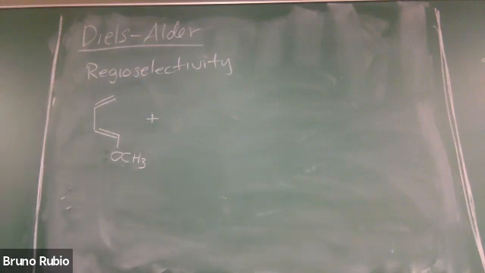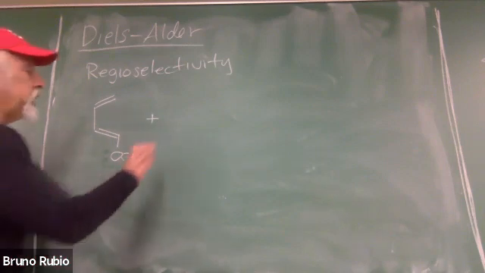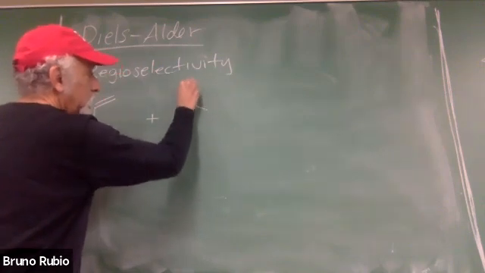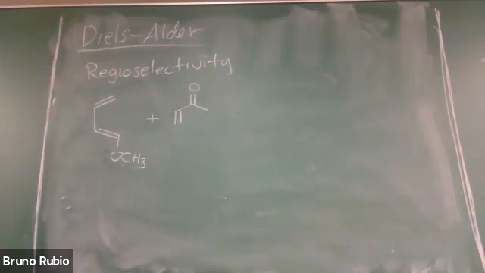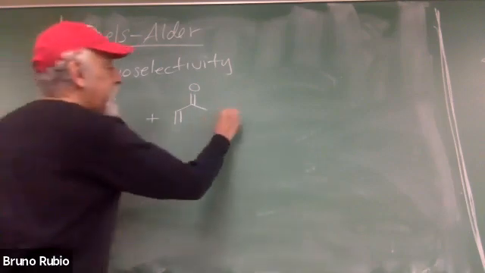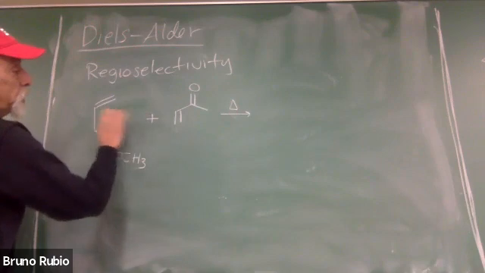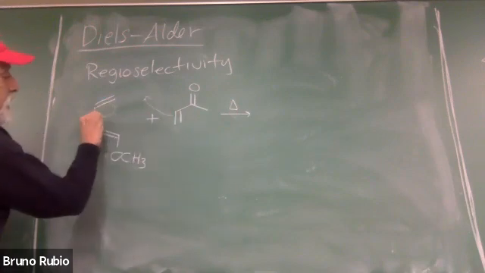This time I'm going to put an electron withdrawing group on the dienophile, which is usually the situation. So I'm going to put this carbonyl group on there. Heat this, and we get motion of electrons.